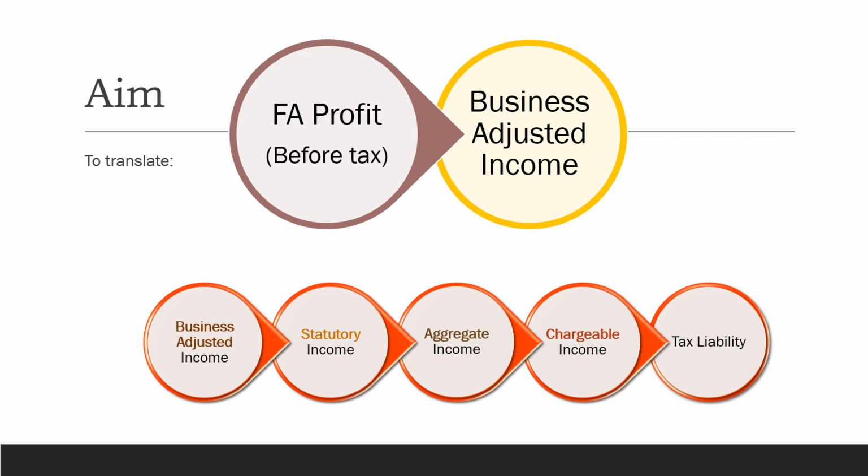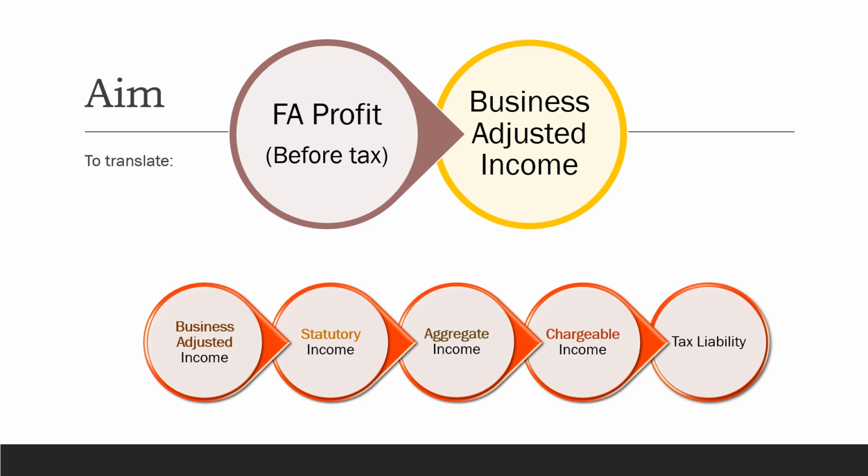Okay, so another way to calculate the business adjusted income is according to tax: you add all the gross income and then you minus all the allowable expenses or double deductions that we are going to learn later to arrive at the adjusted income of the business.